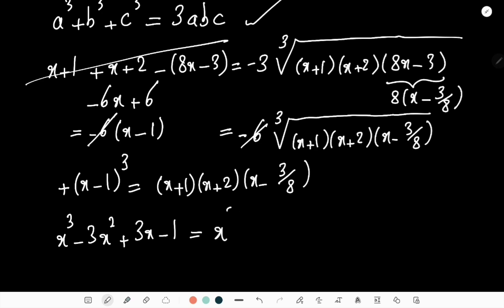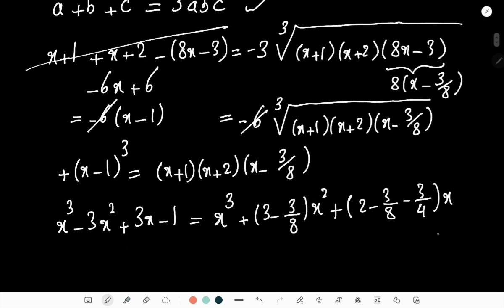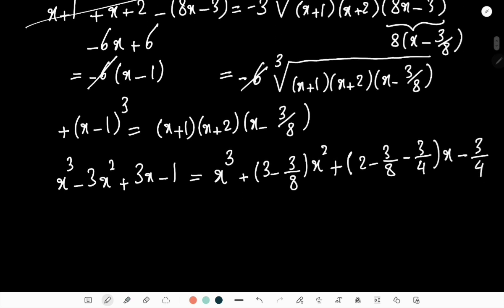So this is x^3, and for x^2, I have the sum of all of them, which is 3 minus 3 over 8, times x^2, and then I have the multiplication between every two of them, which is 2 minus 3 over 8 minus 3 over 4, times x, and then I have the multiplication of all of them, which is minus 3 over 4.